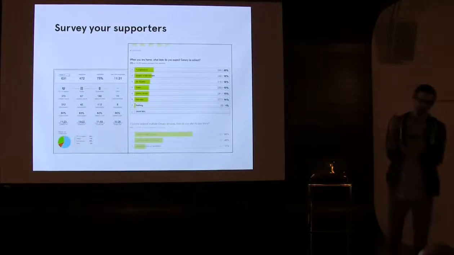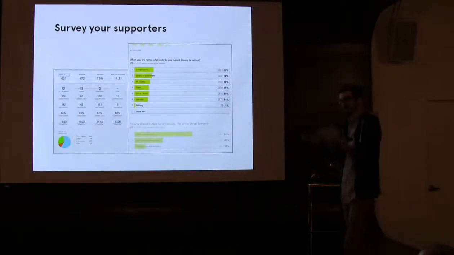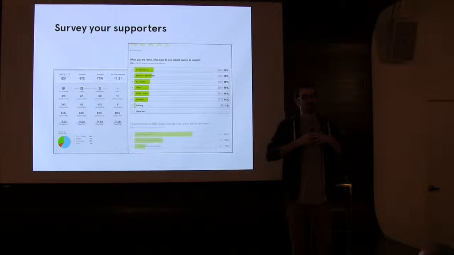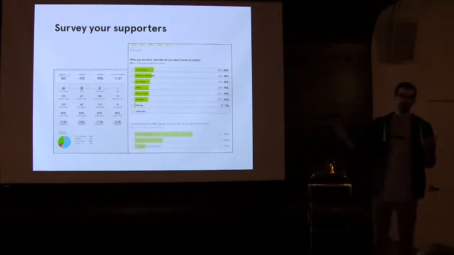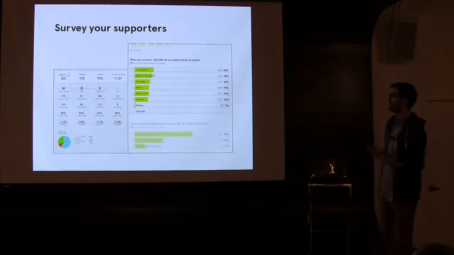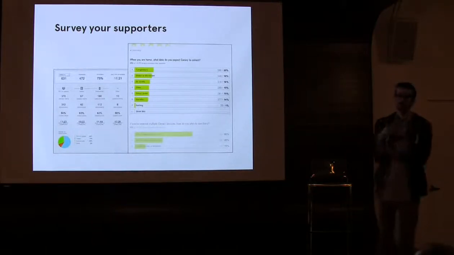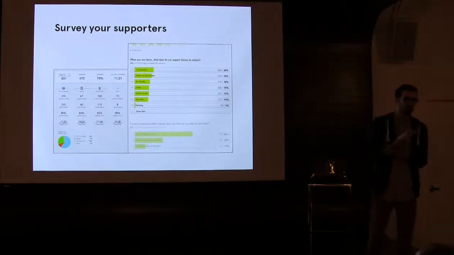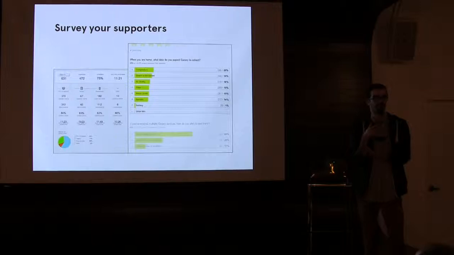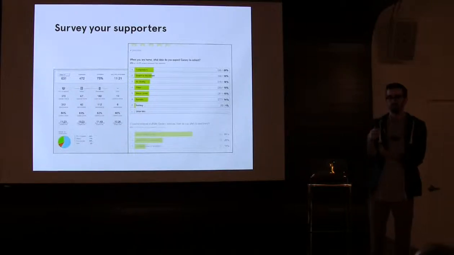So some things we did to understand who we're building it for initially and how it compares to who we're building it for in the long run: we tapped into these 7,000 backers that we're able to reach out to, and we did some surveys and collected information about them demographically, as well as the features that are most important to them. And that plays into how we rank what we're going to be releasing first.